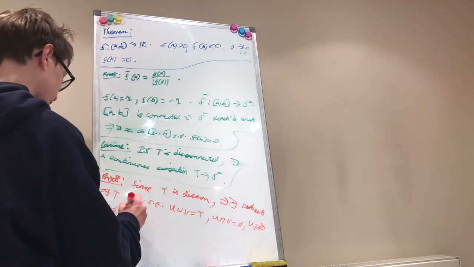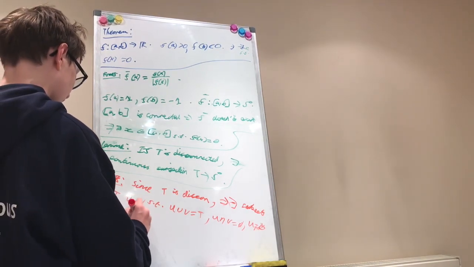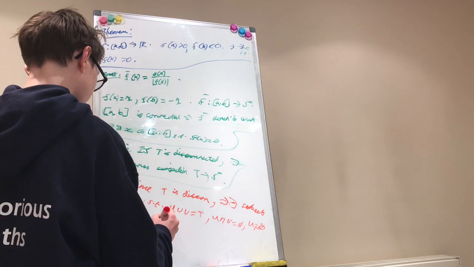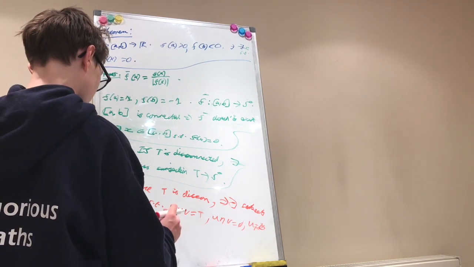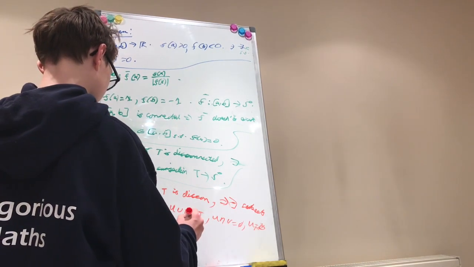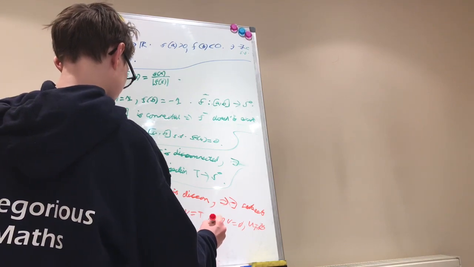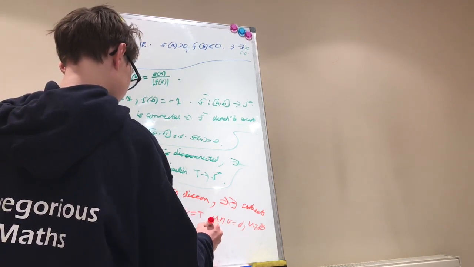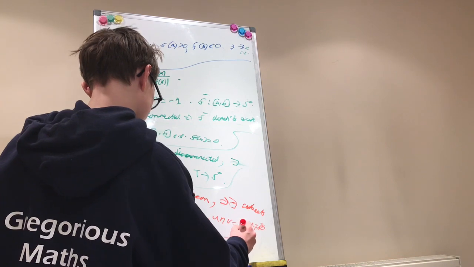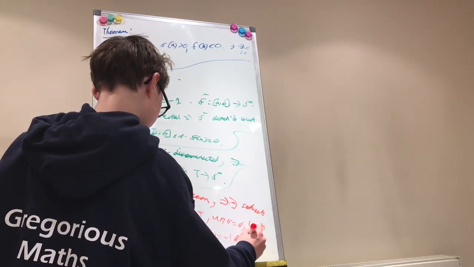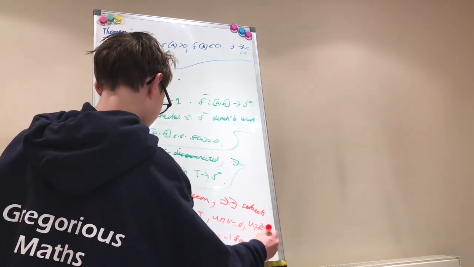Now all we have to do is define f as follows. F of x equals 1 for x in U. F of x equals -1 for x in V. Okay?